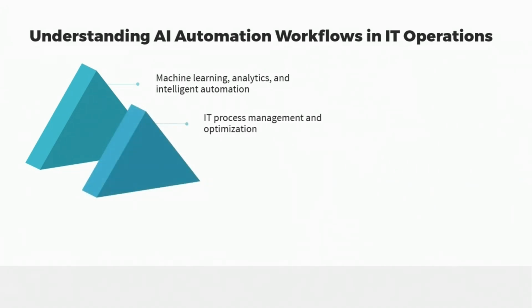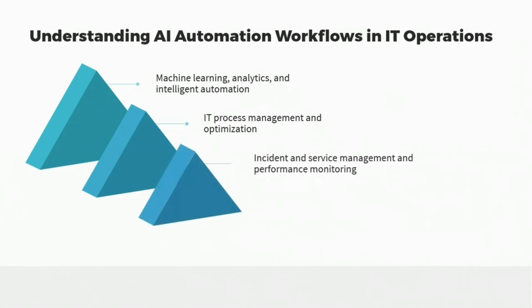And by analyzing IT processes and workflows, AI automation identifies opportunities for optimization, streamlines workflows, and then improves overall process efficiency. AI automation workflows enable proactive incident and service management through real-time monitoring, predictive analytics, and automated incident responses.